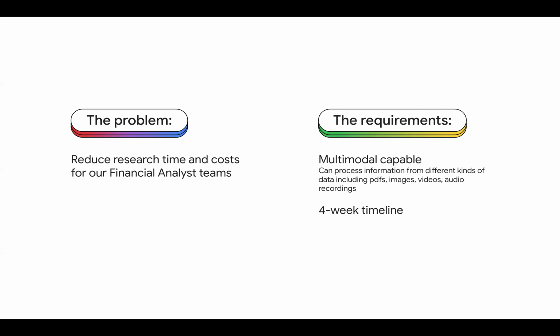Now let's understand the problem, which is very important because that's the kind of multimodal RAG that we'll build towards the end. The problem statement here is that we are trying to build a system which will reduce the research time and, of course, the cost of the financial analyst. If you know what financial analysts do, or even if you don't know, it's pretty simple: they do a lot of research on a given company, right?